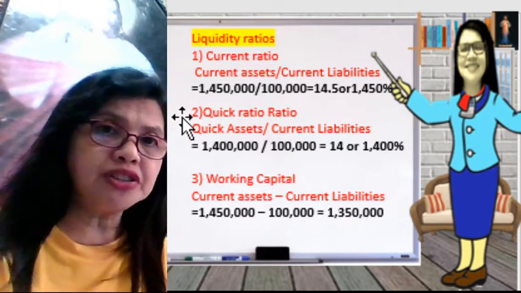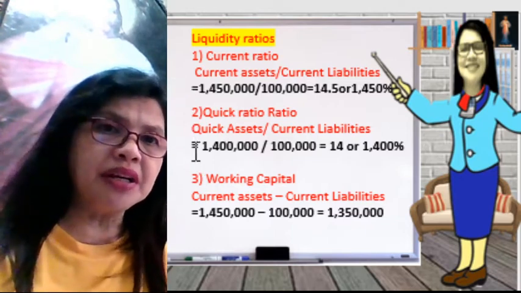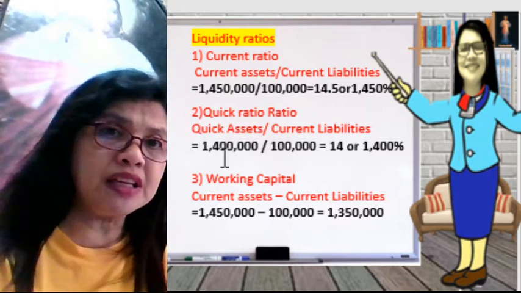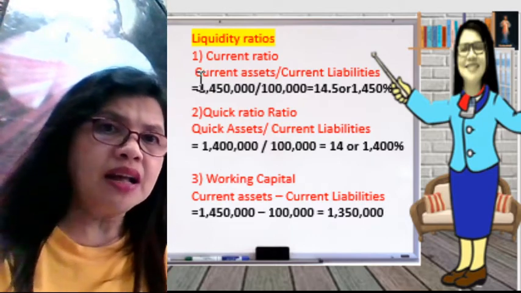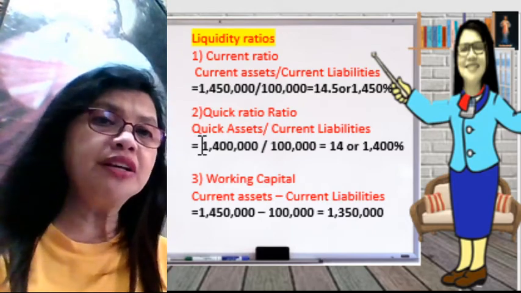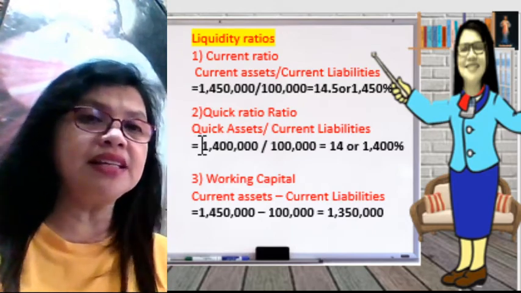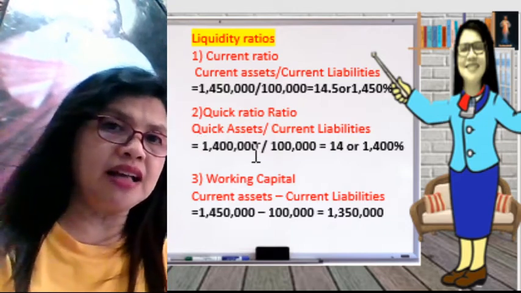With its quick ratio, we deducted some of the other assets. The quick ratio is smaller by 50,000. Why? The current assets is 1,450,000, but the quick assets is 1,400,000 because we only included the assets that are easily turned into cash. So it's smaller than your current assets.